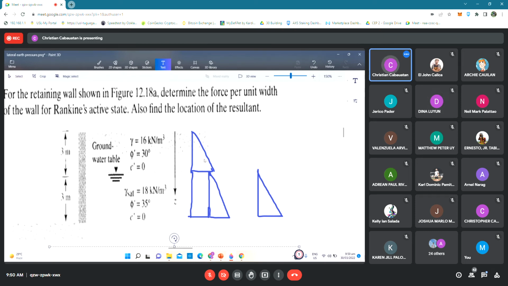Yes. Nasunod? Okay. Ngayon, hindi lang si h over 3 kasi we are getting the moment at the bottom exactly here, no? Therefore, the distance would be 3 meters, this one, plus the 3 over 3. Tama?